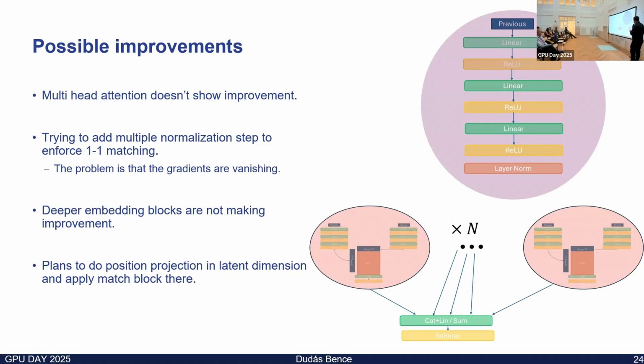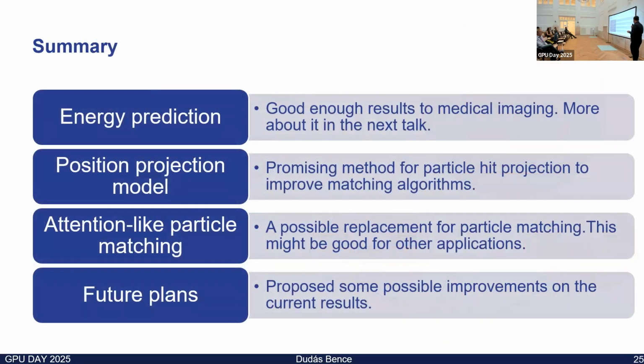And the good thing about this model, even though it's not that impressive of an improvement, is that I think maybe this can be applied or fine-tuned to other kinds of matching problems, most likely in detector systems and similar places. So this was my talk. I tried not to be too long.